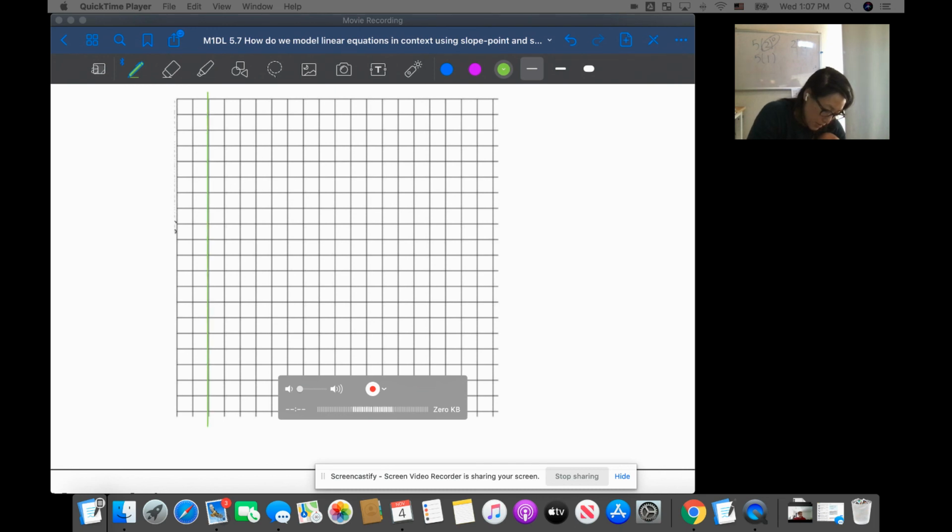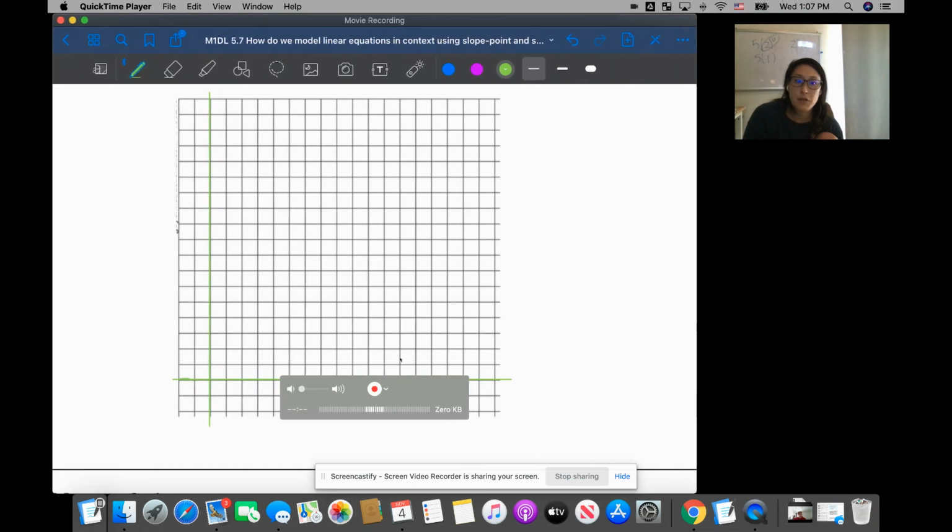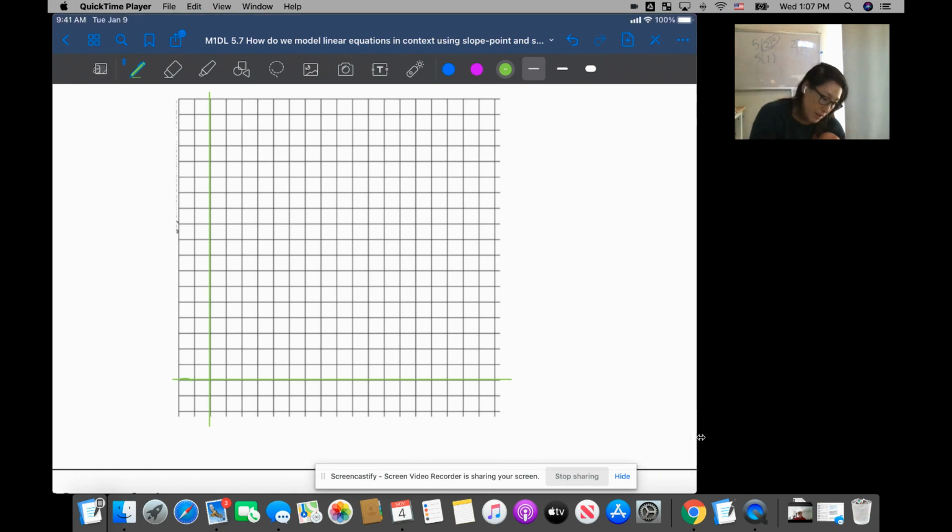I'm going to make this line my y-axis, this my x-axis, so I can see a lot of the axes that's in the first quadrant. Okay, so I'm going to count by ones, 2, 3, 4, 6, 7, 8, 9, 10, 11, 12, 13, 18.